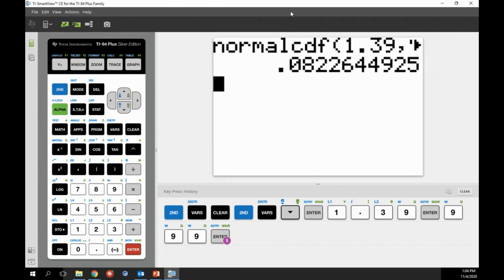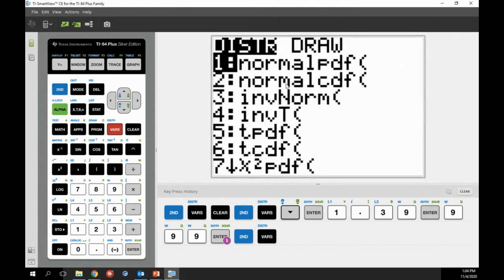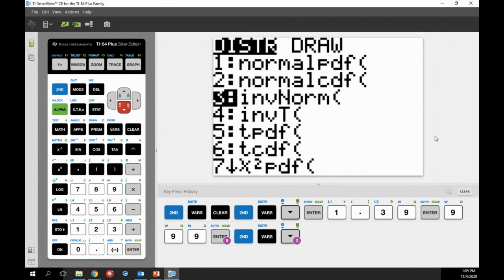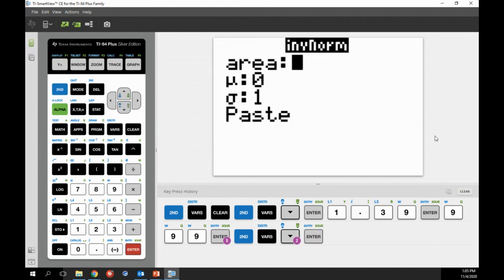Because if we just kind of explore this for a second, it can even do the inverse normal. So if you put in a probability, it can give you the z-score back. So I mean, like, let's do one that we know already.